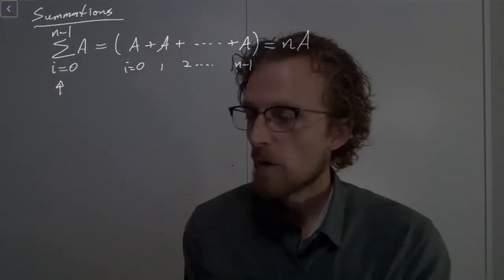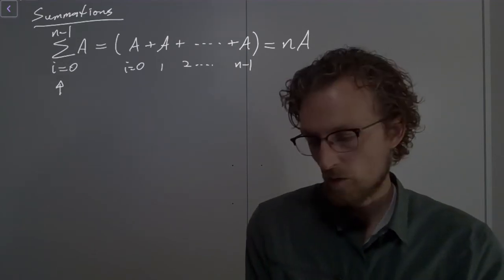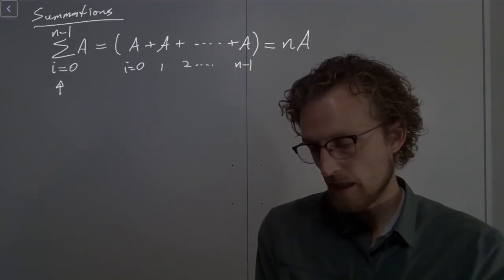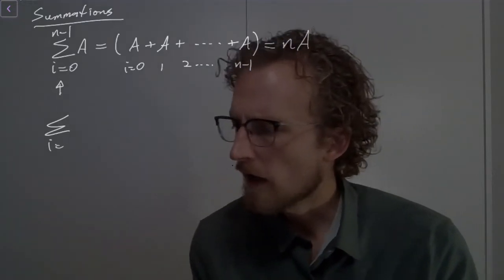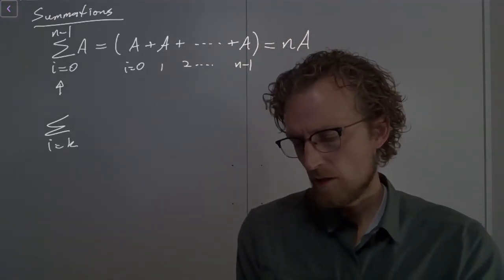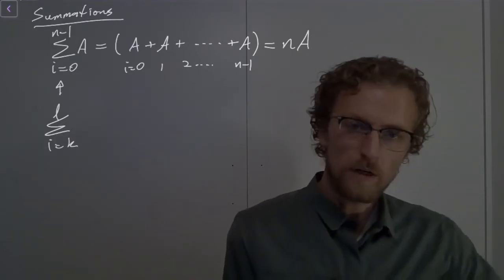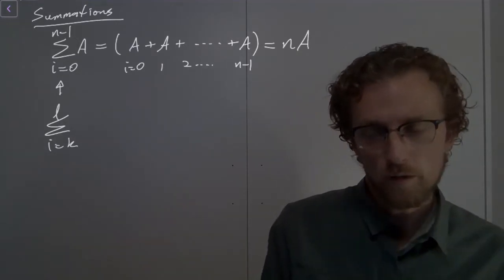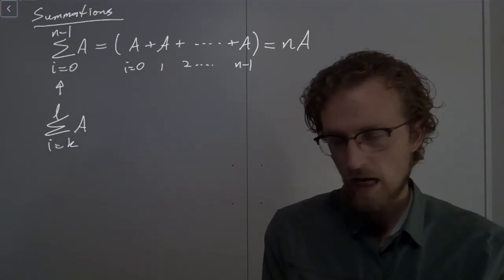Okay, we'll often have some limits that don't just start at 0 and go to n minus 1, and this generalizes quite nicely. I could also write this as i equals k to L. So I start i equaling k and I run it up and I include i equals L as the last one. Now, again, let's just sum this constant a together.